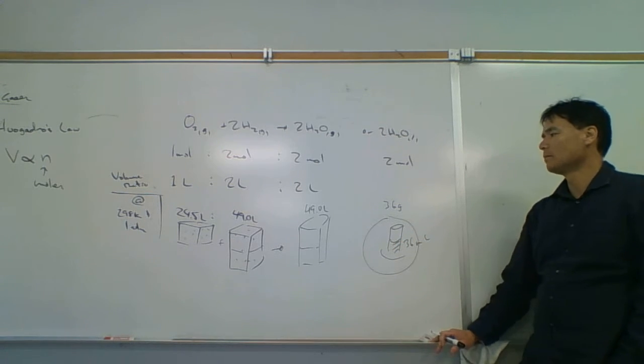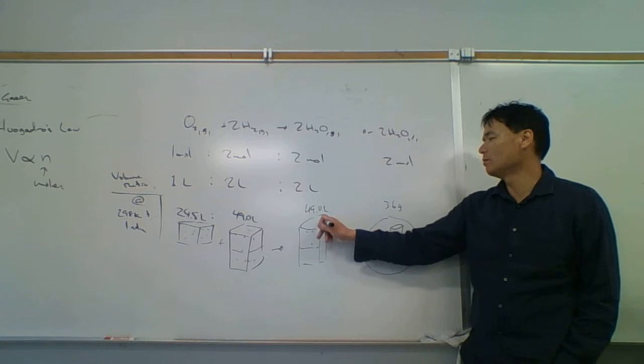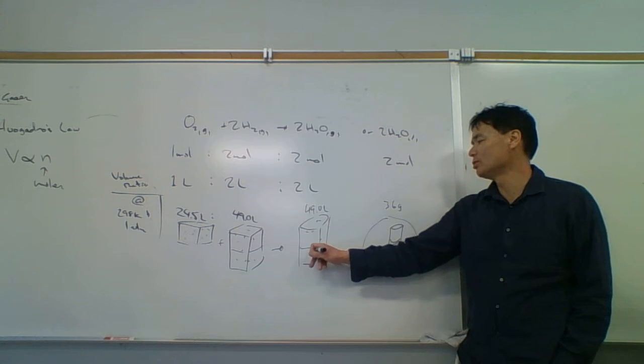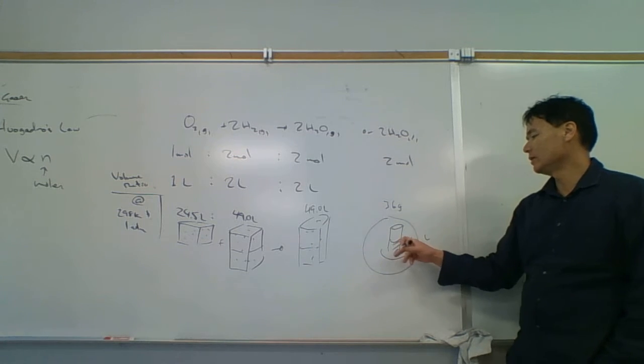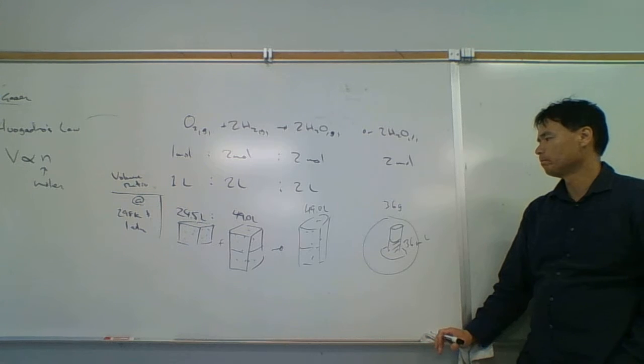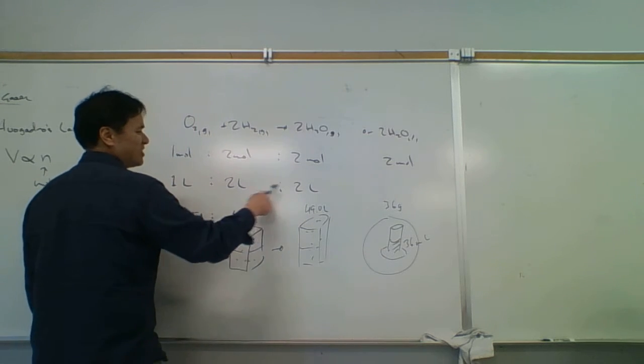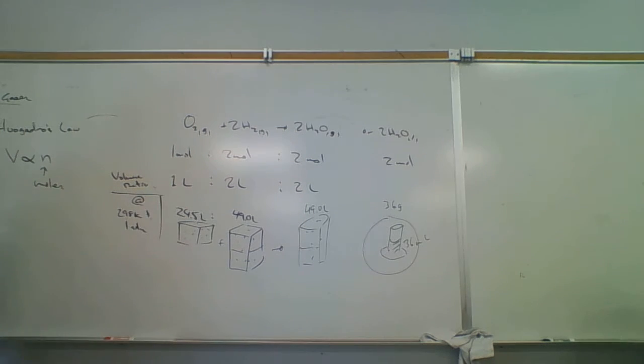of liquid water. And that's because gases are mostly empty space. So if I condense all the water molecules here into a liquid, it's going to occupy much less space, just 36 milliliters. And so the mole ratio and the volume ratio are the same.